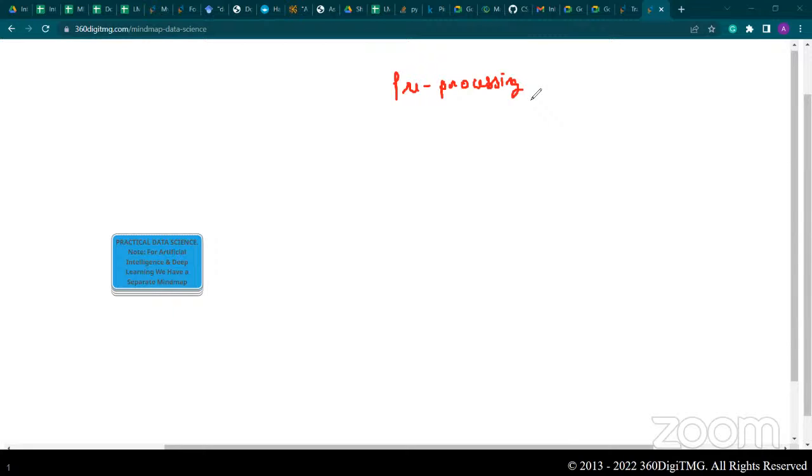Cleaning up of the data is useful because we are always in some manner dealing with some sort of messy data. All right. So let's see what all we do in pre-processing.